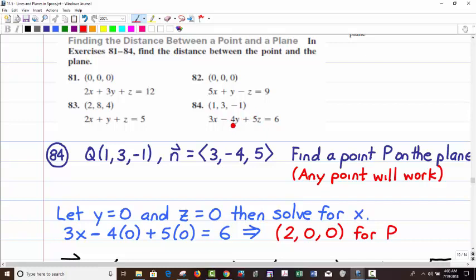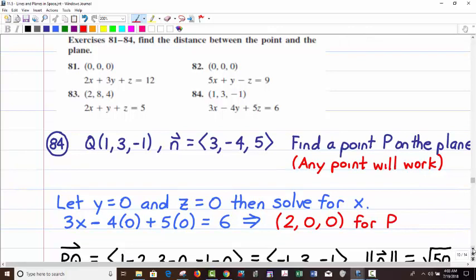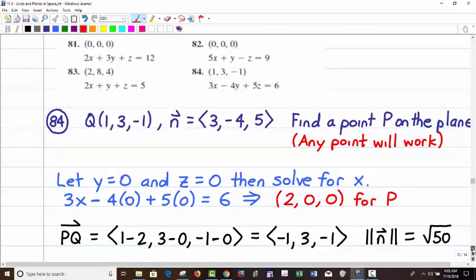I would look at this immediately and say, if I let y be 0 and I let z be 0, I would have the equation 3x = 6, and that means x would equal 2, which is what I did right down here. And then I got (2, 0, 0) as a valid point on that plane. But like I said, there are infinite points on that plane, so any point will solve that. So that's what I usually do: I just zero out two of the variables. Or if I see something else that just happens to look right, I'll do that.